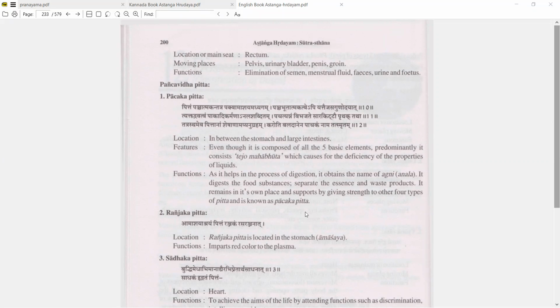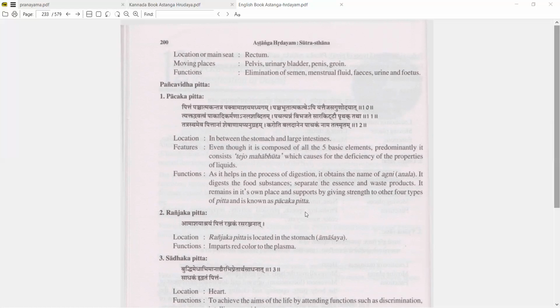Panchavidha Pitta. Pachaka Pitta. Location: in between the stomach and large intestines. Features: even though it is composed of all the 5 basic elements, predominantly it consists of Tejo Mahabhuta, which causes the deficiency of the properties of liquid.